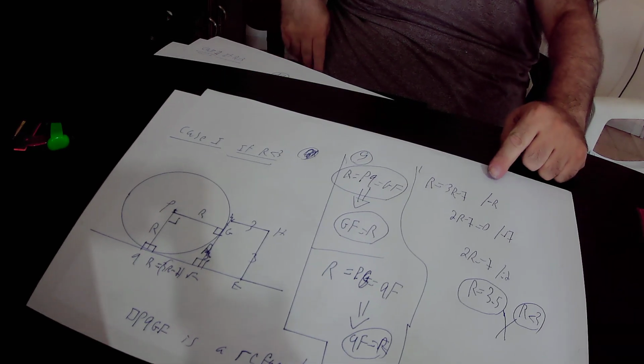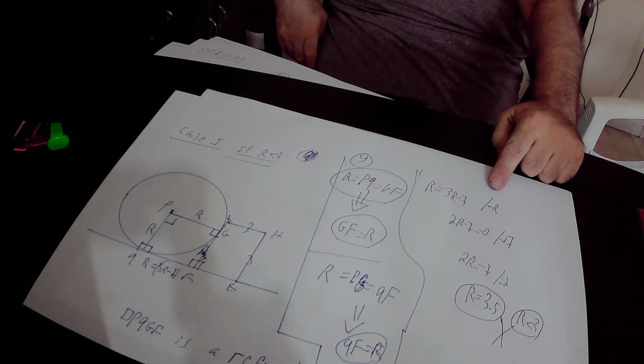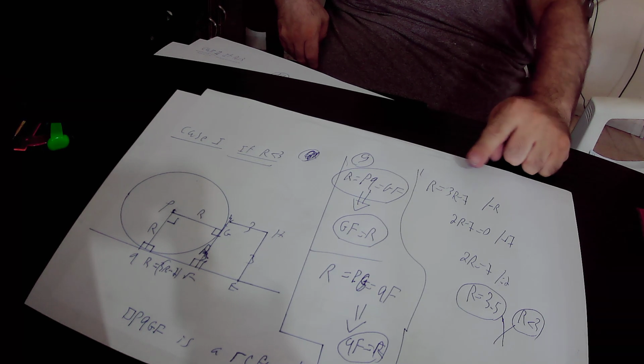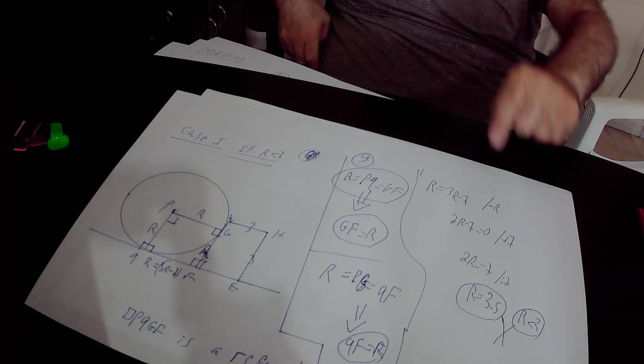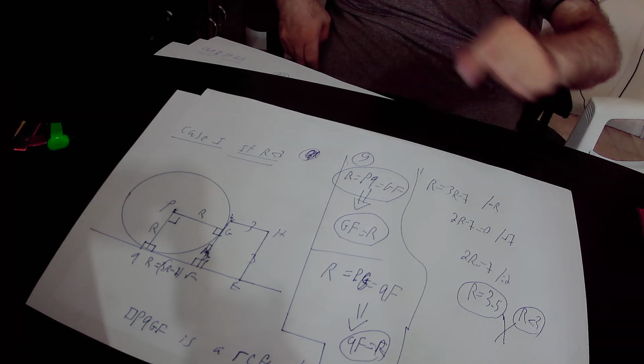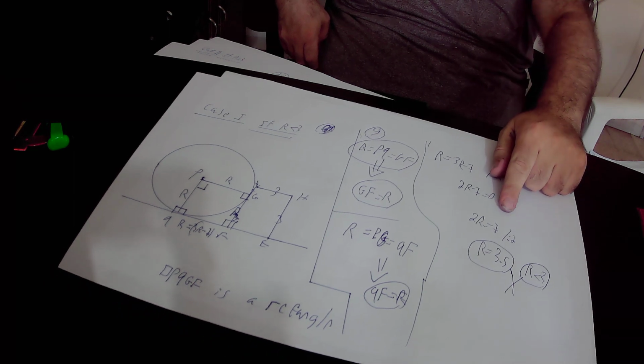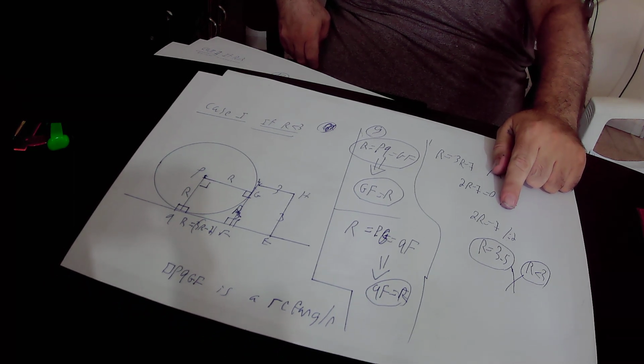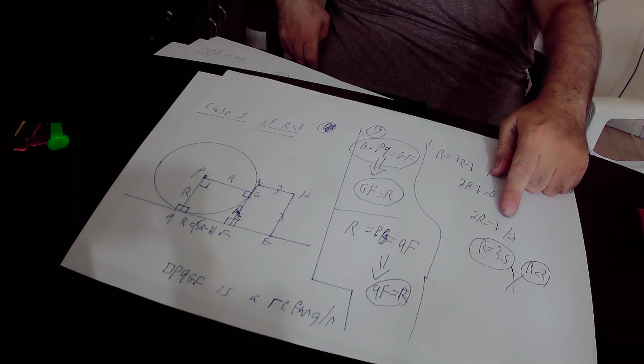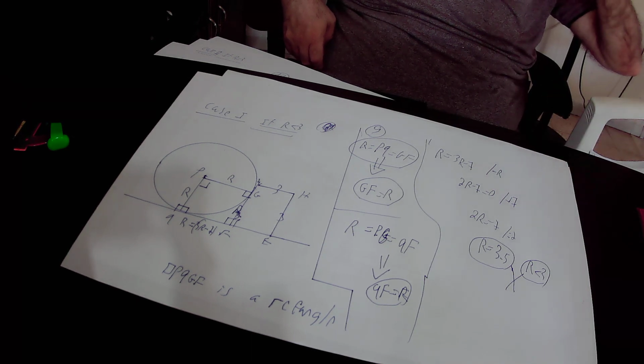Here we subtracted R from this equation and found out that 3R minus R is 2R, R minus R is 0, so we got 2R minus 7 equals 0. We added 7 and found out that 2R equals 7. We divided by 2 and found out that R equals 3.5 units.